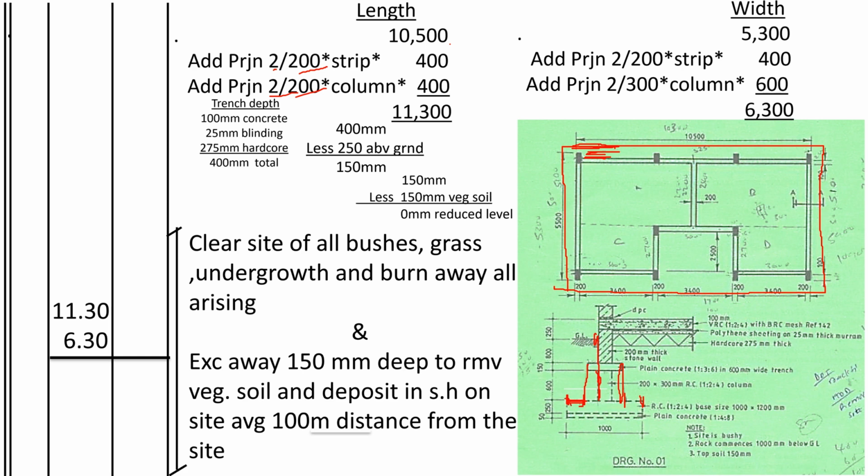So the projection for the strip is 200 and the projection for the column is 200. So both sides we shall add 200 for the strip, which gets us to 400. Then both sides we shall add 200 for the column, which gets us to 400. So the total for the length that we shall clear is 11,300.